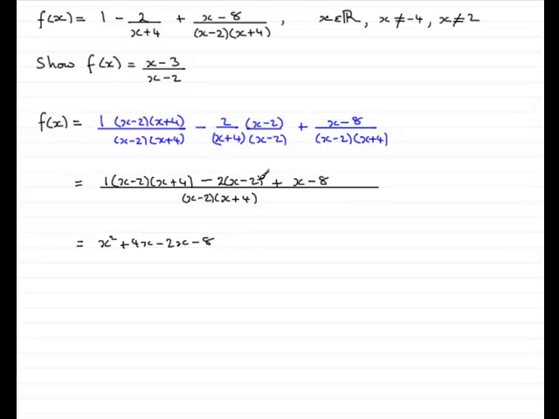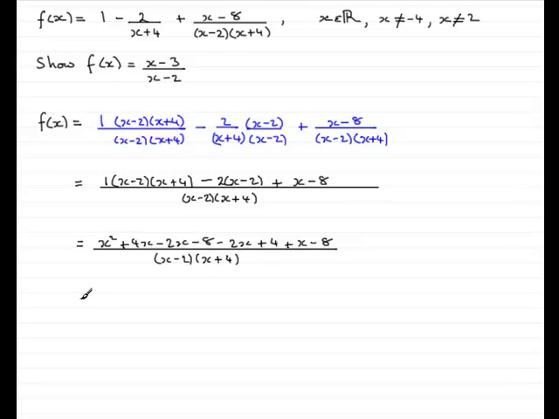When I come to this bracket, I've got minus 2 times x, that's minus 2x, and then minus 2 times minus 2 is plus 4, and then I've got simply plus x minus 8. And now I need to divide that all by the denominator. Don't expand the denominator, just leave it in its factorized state.